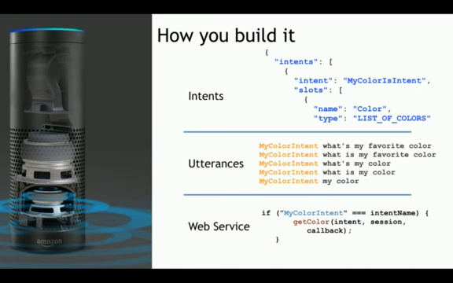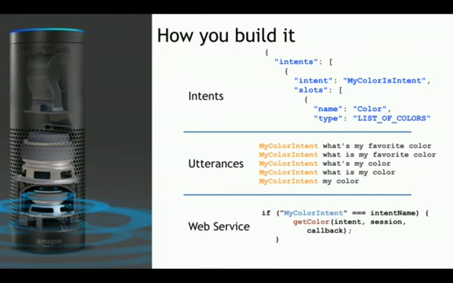So it makes it really simple for you to take something from what the user said and then be able to react to it from your software. But you have to define these three pieces and make sure your intents match here.